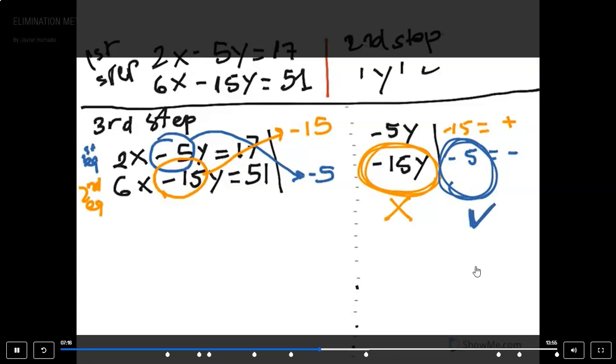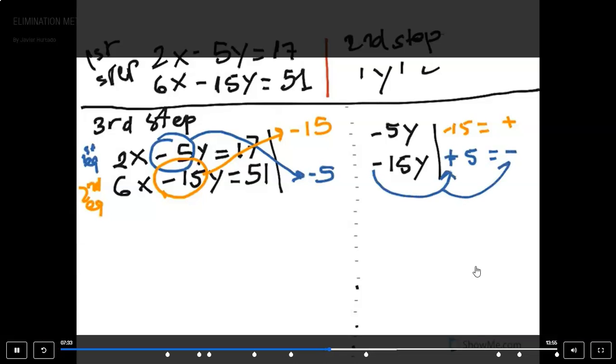So instead of having negative 5 as it is, you are going to multiply your equation by what? By positive 5, right? So when you multiply negative by positive, your result is negative, okay? And then you are going to be the happiest person on earth.